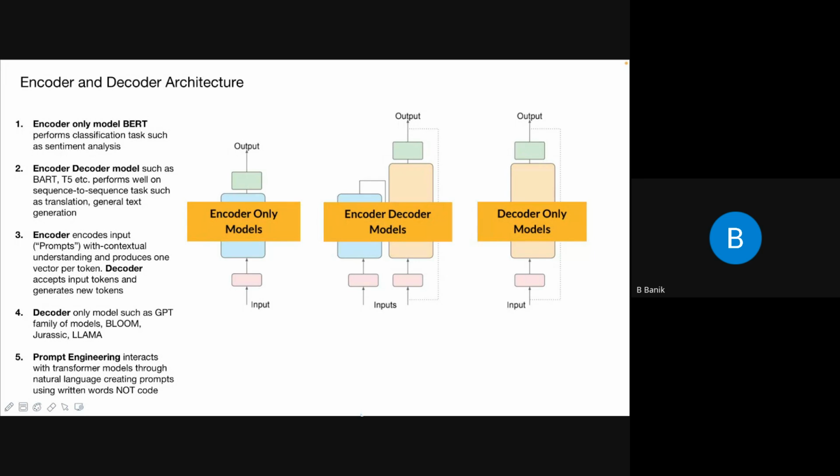Or if you want to generate text, given a German language you want to generate English, it's a similar thing. That is where you have the encoder decoder model, coming into sequence to sequence basically. And then you have decoder only models, some of the models like Bloom, Llama, and all.